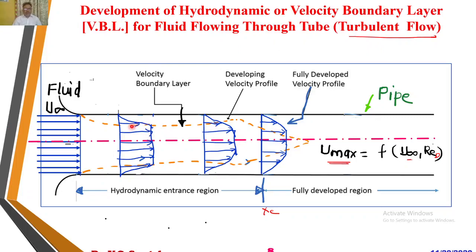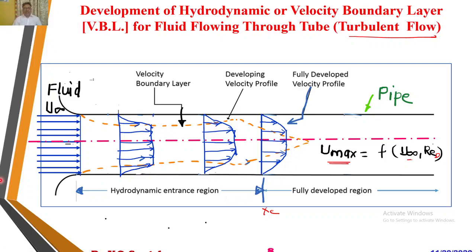That is, because of no slip condition, velocity will be zero at the top surface and bottom surface and will be changing from zero at the top and bottom surface to the free stream velocity at the center line, and the velocity profile will be continuously changing in the hydrodynamic entrance region and will be fully developed in the fully developed region.